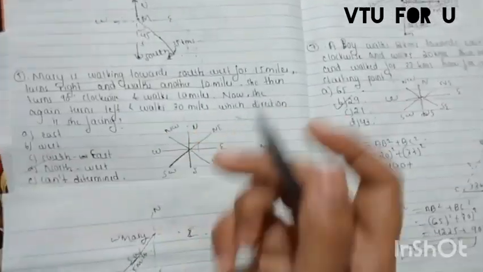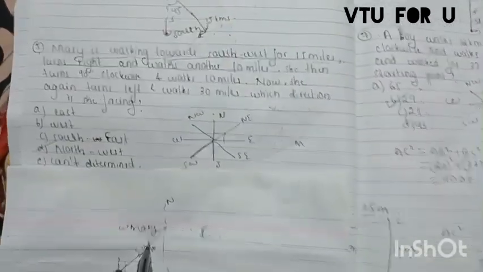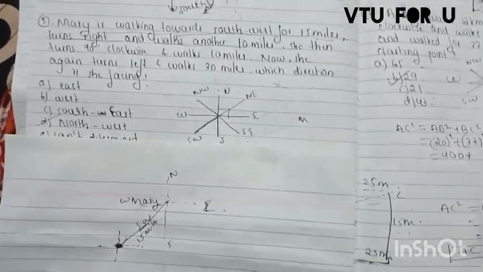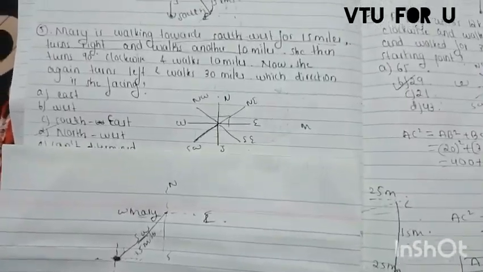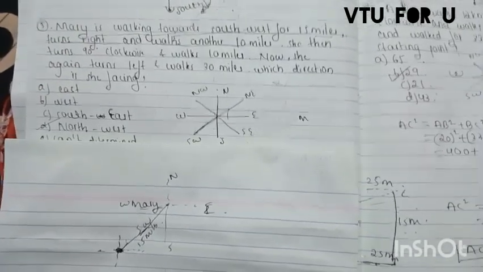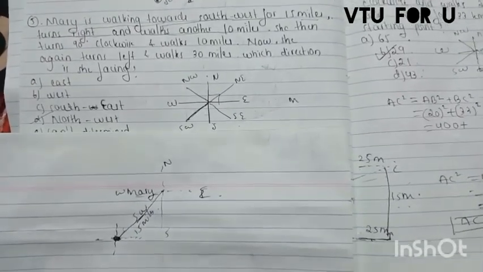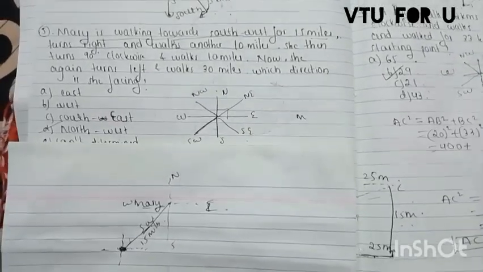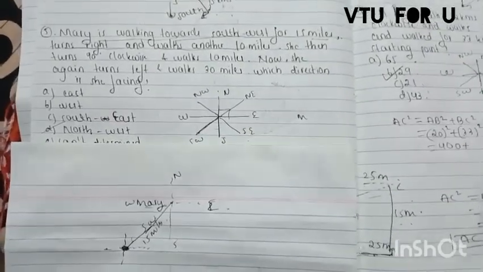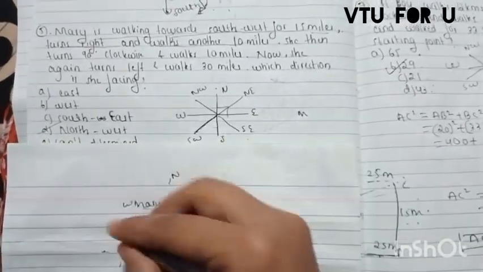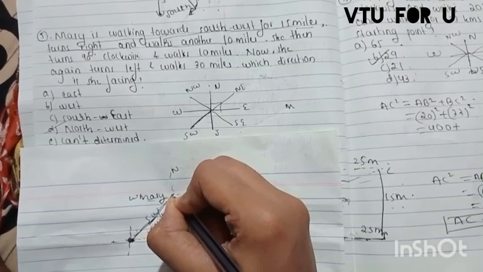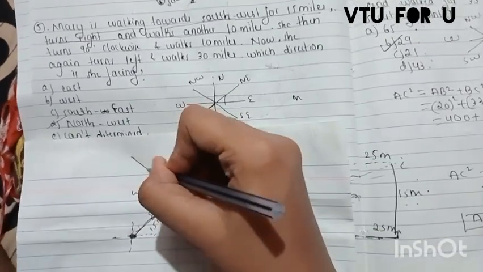10 miles. Here they are asking to turn right, and they have not mentioned whether anti-clockwise or clockwise. Just turn right for 90 degrees in the rightward direction, and walk 10 miles. So you have to make a 90 degree turn, this way.